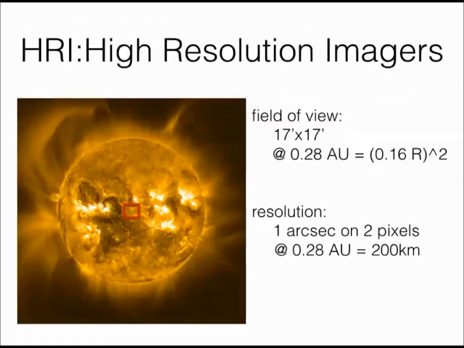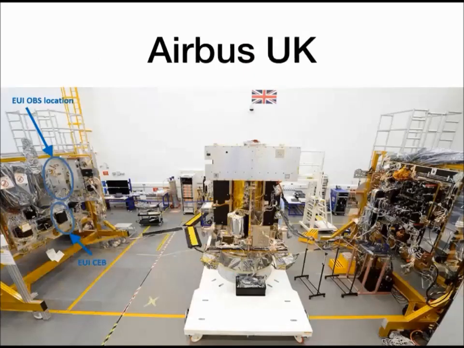There are higher resolution images also here. This is where the thing was 2 months ago. This is what I call the shipyard. In the middle you have the spacecraft, and on the left and on the right you have coat racks with equipment, all kinds of instruments, and EUI, our telescopes, were in the top oval.